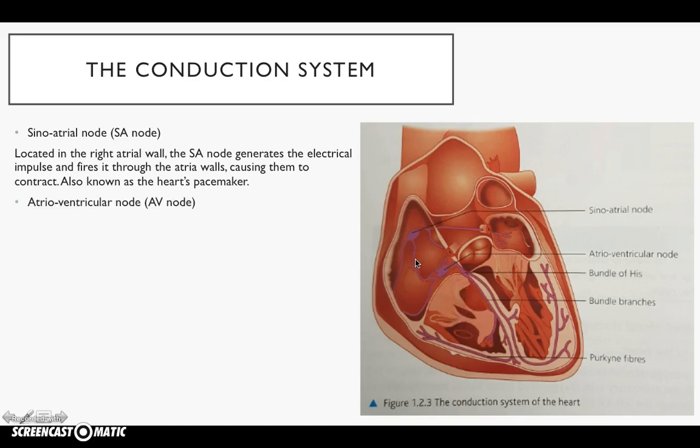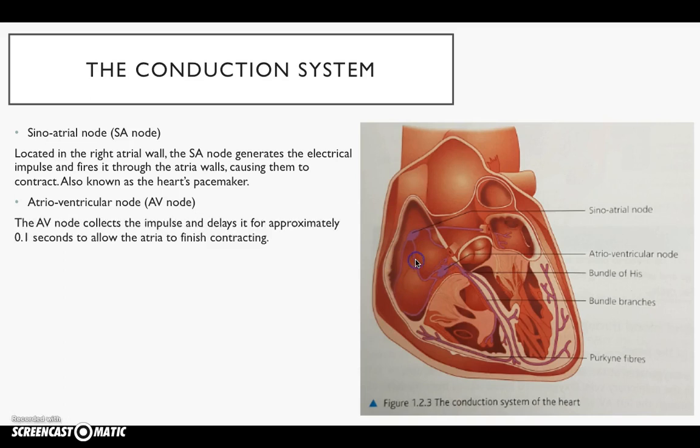So the atrioventricular node, or the AV node, its job is to collect the impulse from the SA node and delay it for approximately 0.1 seconds to allow the atria to finish contracting. So let me just go through this with you. Imagine this is filling with blood. Because this is filling with blood, blood is passively dripping into the ventricle, and the ventricle almost gets full.